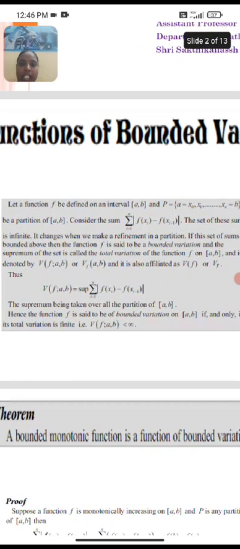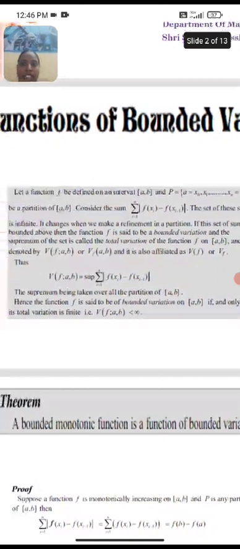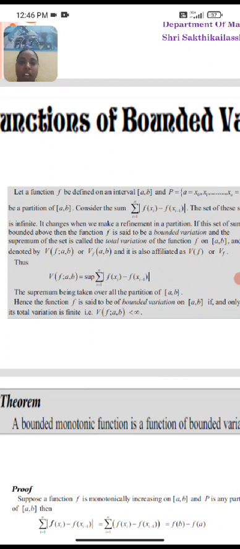and the supremum of the set is called the total variation of function f on [a, b] and is denoted V(f) on [a, b], or Vf.